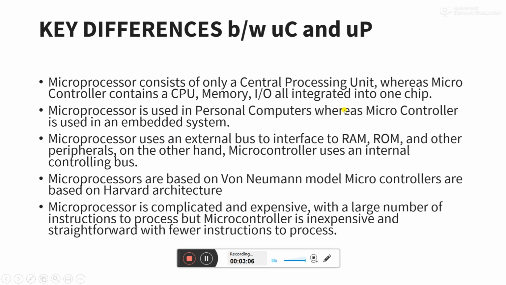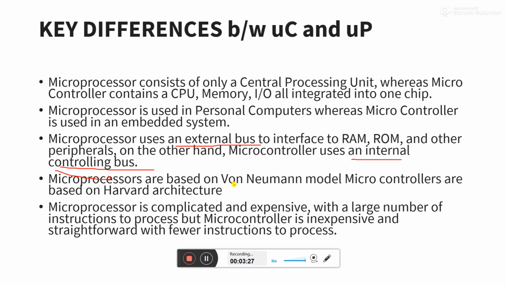So for on-chip communication we need an internal controlling bus, and for the microprocessor we need an external bus.